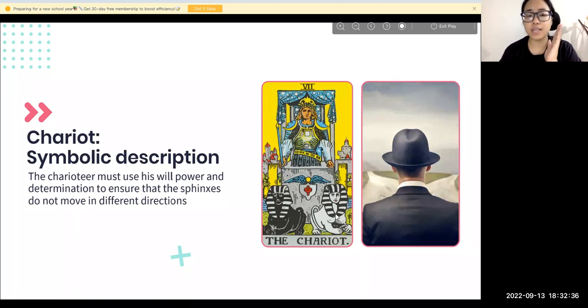The Chariot is saying that if you don't have willpower and self-control over this, then all these external factors will take you and move you in different directions, and you will not have control. Then for sure you cannot get success in whatever you want to do in life, right?